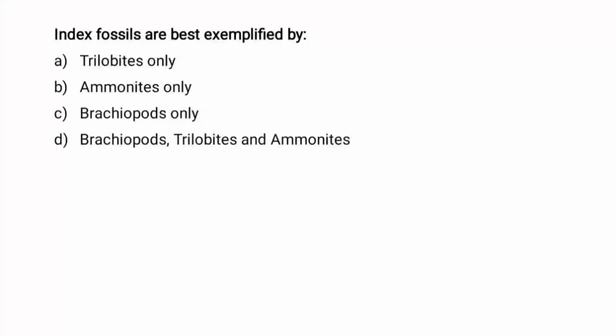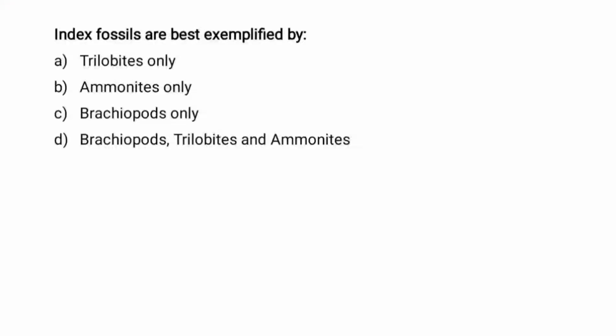Examples of the index fossils include ammonites, which were there during the Mesozoic era, about 245 to 65 million years ago, and went extinct during Cretaceous extinction, which is about 65 million years ago. Brachiopods appeared during the Cambrian period, about 540 to 500 million years ago, and some examples are still there.